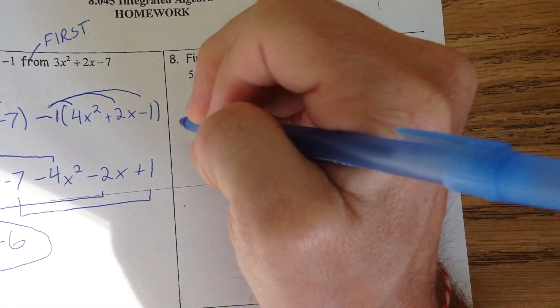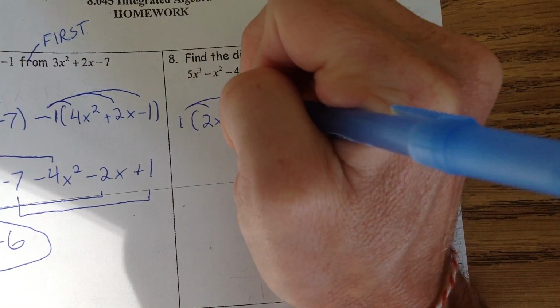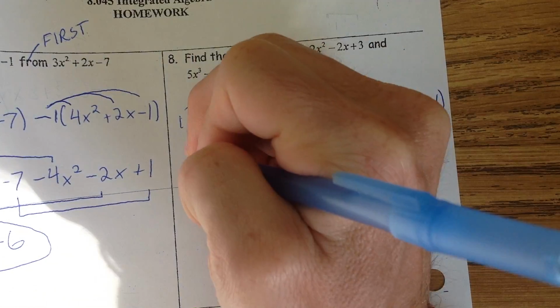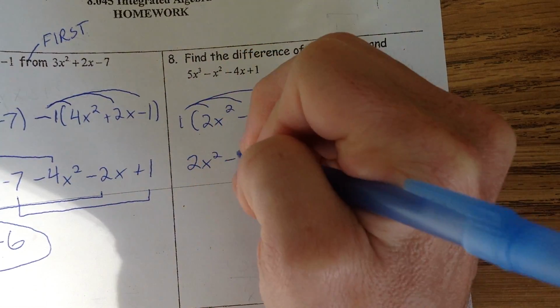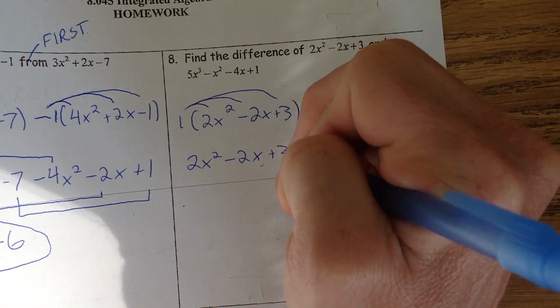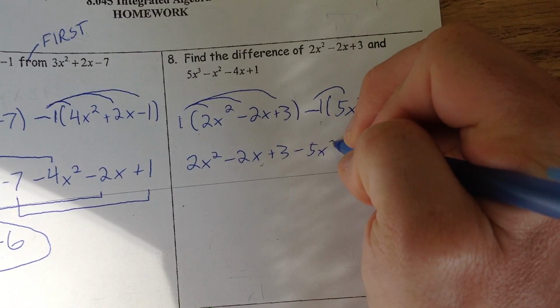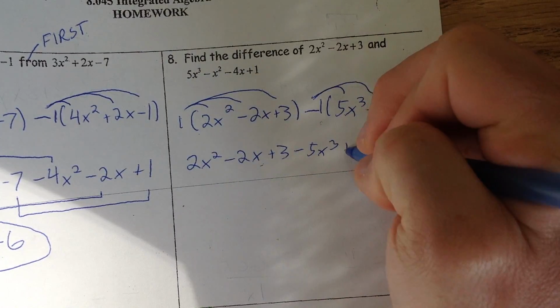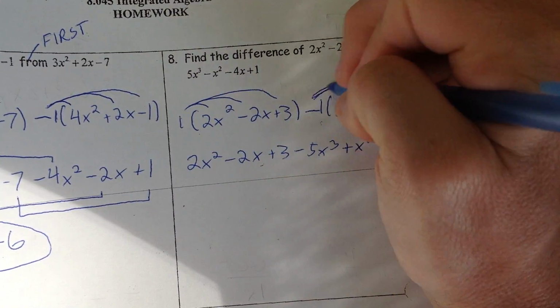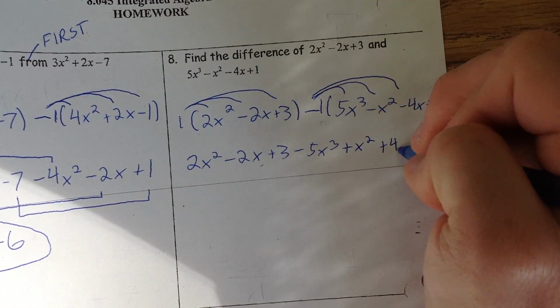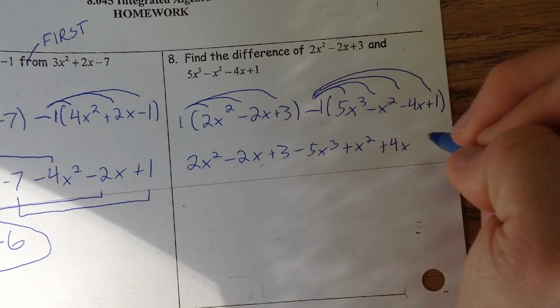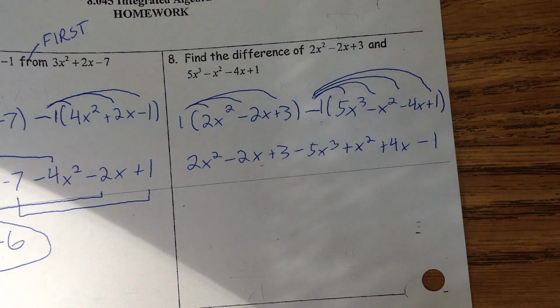Okay? Again, positive 1 isn't going to change anything, so this one stays the same. Negative 1 does change things, so this becomes minus 5x cubed plus x squared plus 4x and then minus 1.